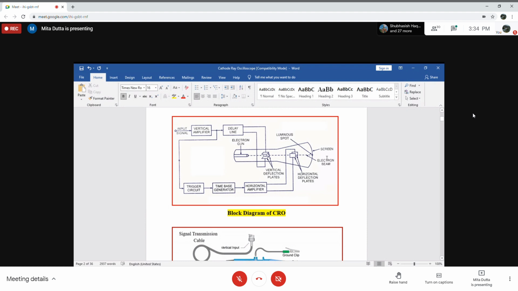Because if it moves left and right, there will be a difference in time. So a difference in voltage means a difference in time, and we will see later on that the time-base generator produces a voltage V proportional to time t.